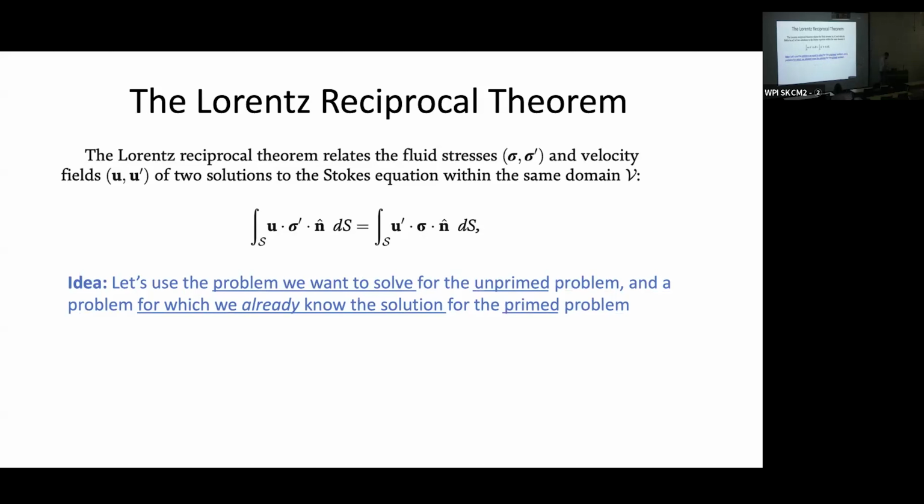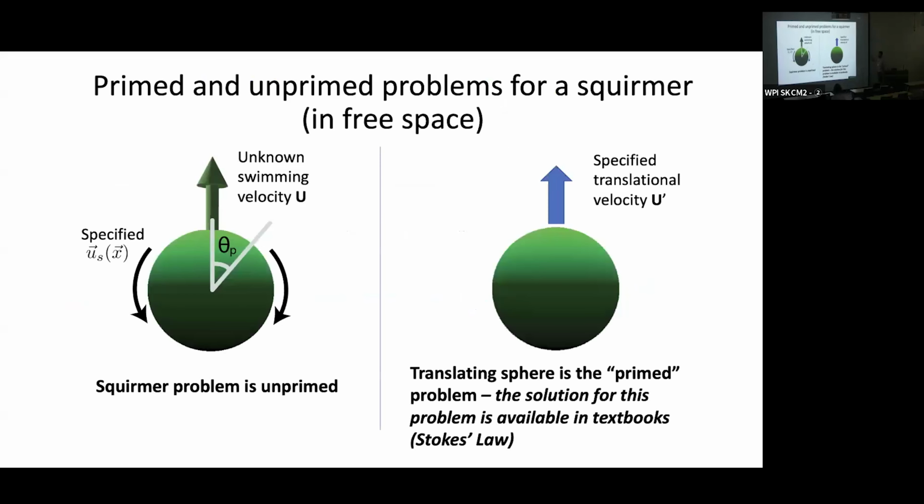So let's use that. Here's my application of the Lorentz reciprocal theorem. This is the problem we gave, the squirming problem. We don't know what the velocity u is. We know what the us is. That's specified. And on the right-hand side, we have a translating sphere as the prime problem, translating with velocity u prime. The solution for this is already available in your favorite fluid mechanics textbook.